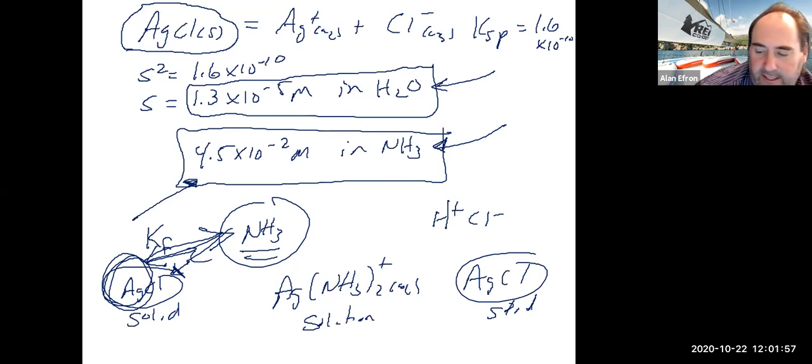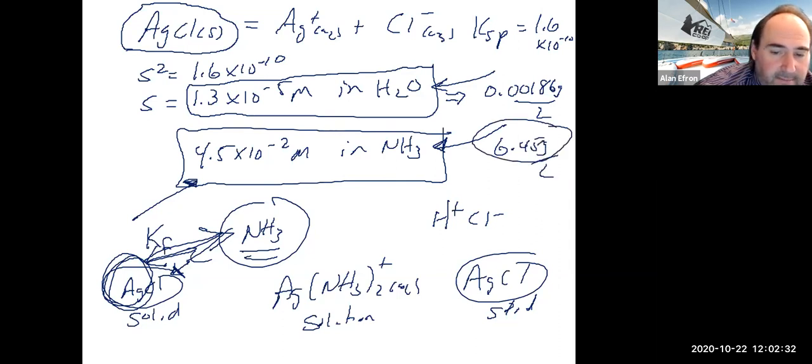Any questions on that? Any questions on complex ions or how to do them? And just for comparison, if you want a visualization in grams, in water you could dissolve something like 0.00186 grams per liter, while in ammonia you can dissolve something like 6.45 grams per liter.